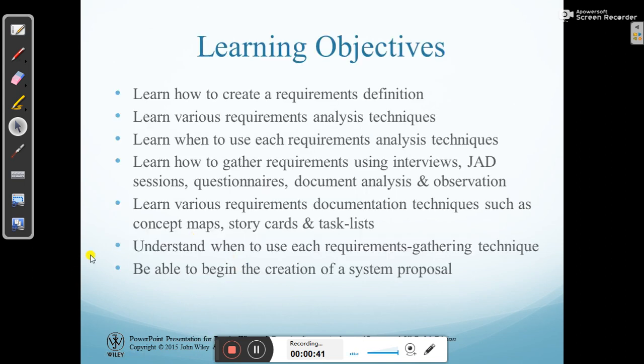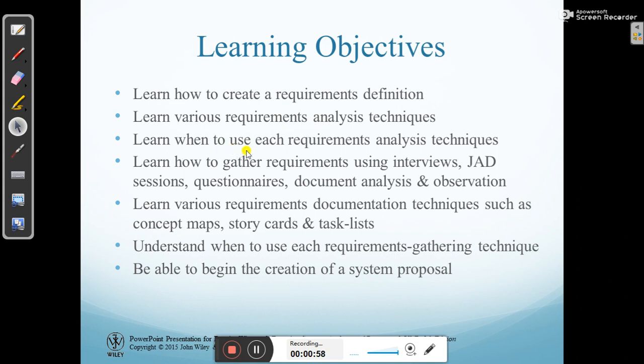So these are the objectives to learn. We need to know how to create a requirement definition. We need to know the various requirement analysis techniques.